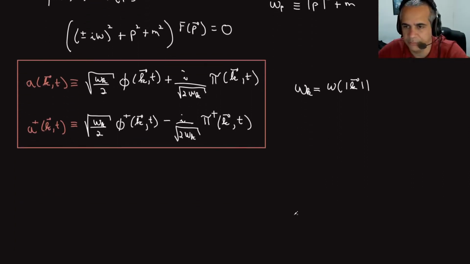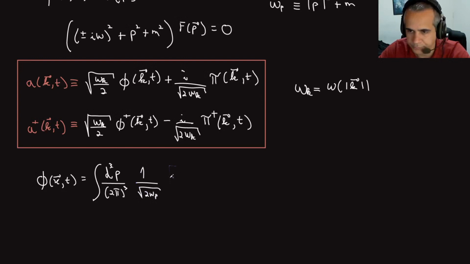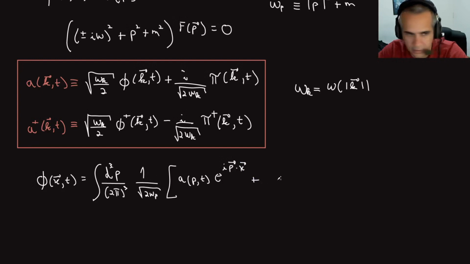Just inverting these relations, what I get is that phi of x, t is equal to the integral d³p over (2π)³ times 1 over the square root of 2 omega_p, times a of p and t, exponential of i p·x, plus a dagger of p, t, exponential of minus i p·x.